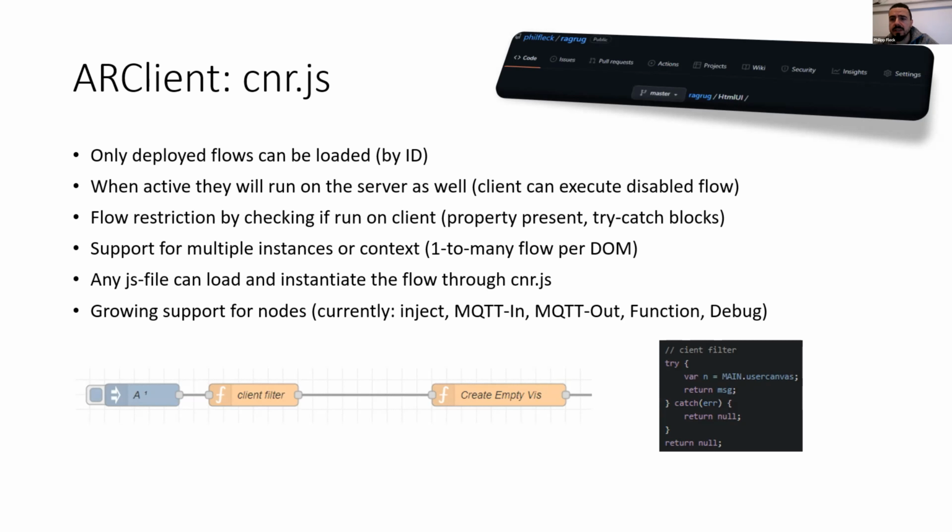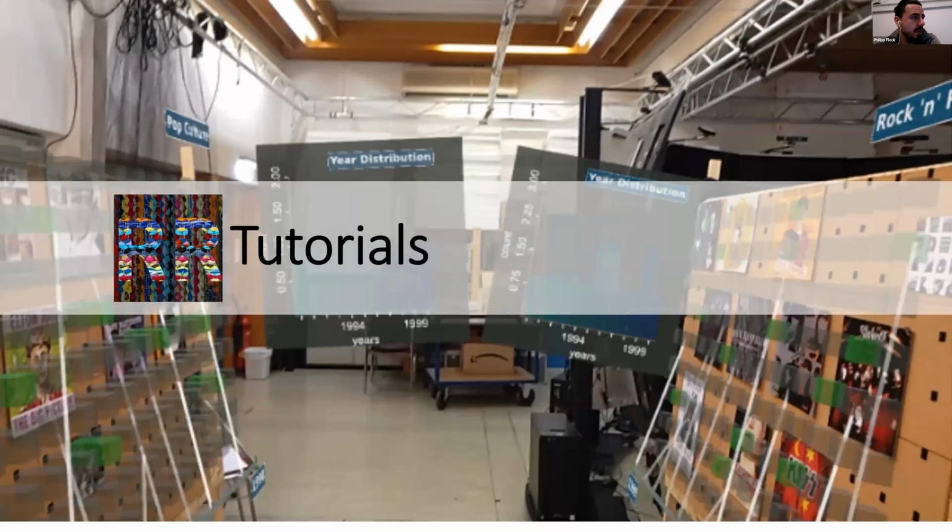We have basic support for the most common nodes in Node-RED, like MQTT, inject, debug, function. These are the most used of them, and we plan to improve on that part.